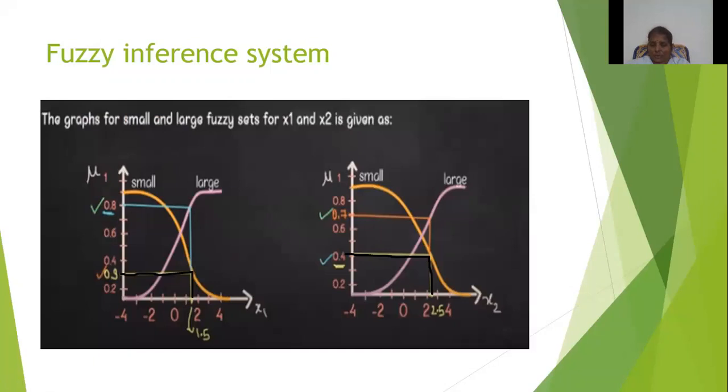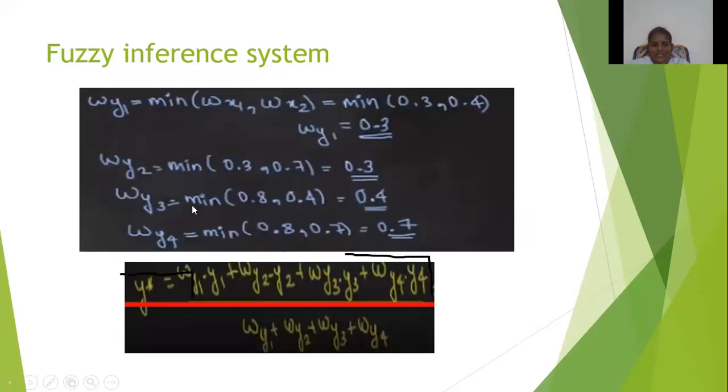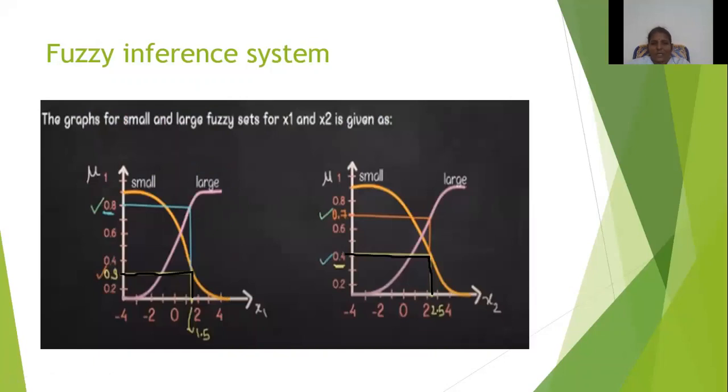And fourth rule is if x1 is large. So x1 is large means you are extending this 1.5 onto the large graph and the corresponding membership function value. Similarly, x2 is also large. So 2.5 is extended onto this large graph.